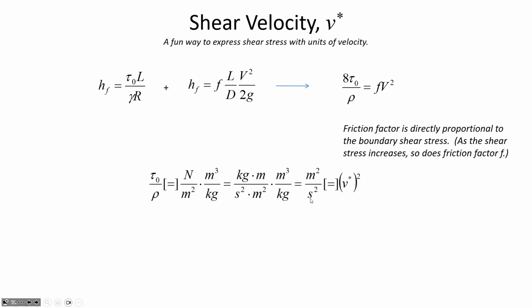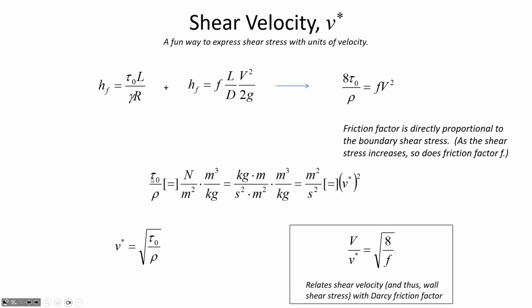And so the square root of that would give you units of meters per second. So shear velocity is just the variable that we assign to the square root of the shear stress divided by the density. It has units of meters per second, and it's a way for us to express how much shear stress a liquid is applying to the boundary that it flows next to.